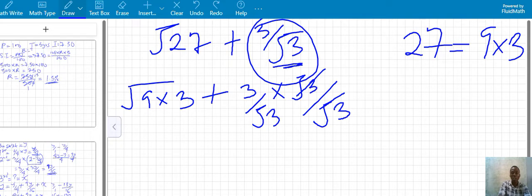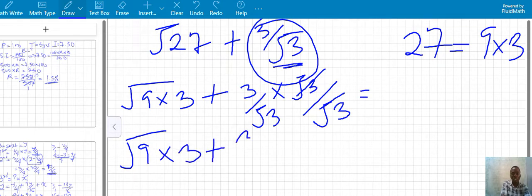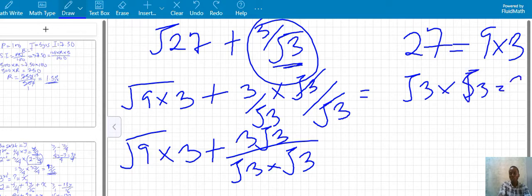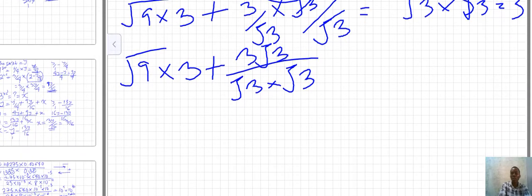When you do that, this will now give us the square root of 9 times 3 plus 3 root 3 over root 3 times root 3. And remember in surds, root 3 times root 3 is equal to 3, to give you that same value.